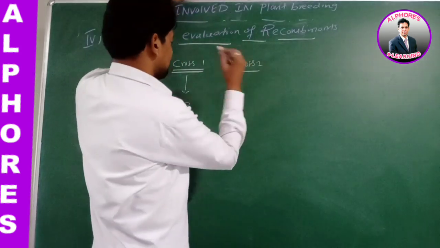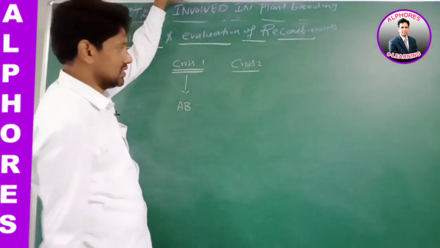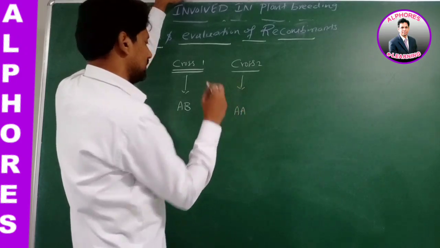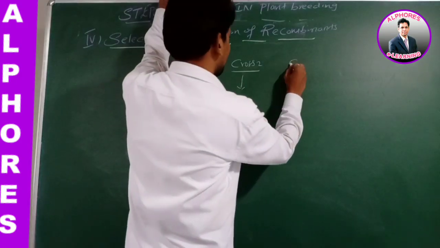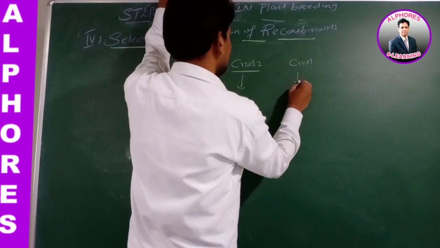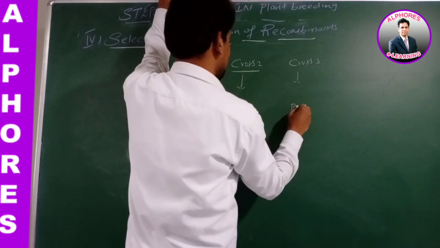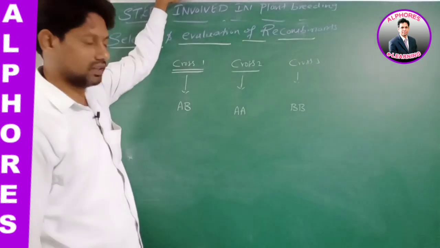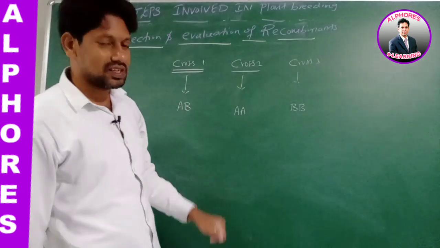Sir, in cross 2, I got capital A. Next, cross 3. In cross 3, I got capital B. Is it okay? Right. Now, see these 3 crosses.